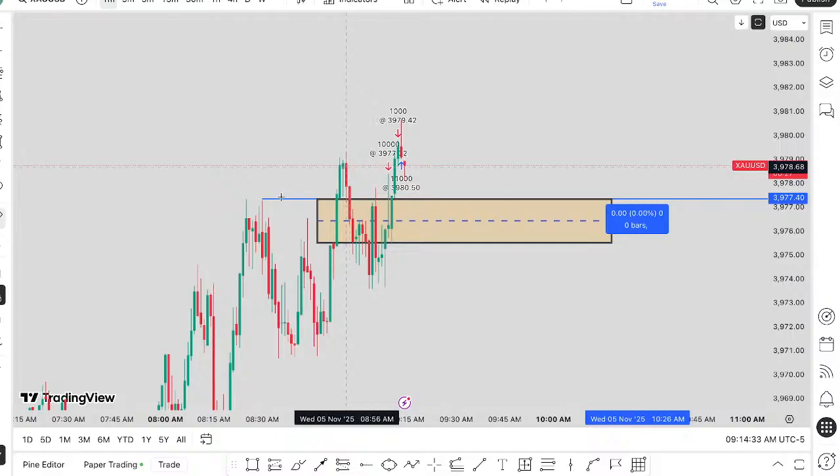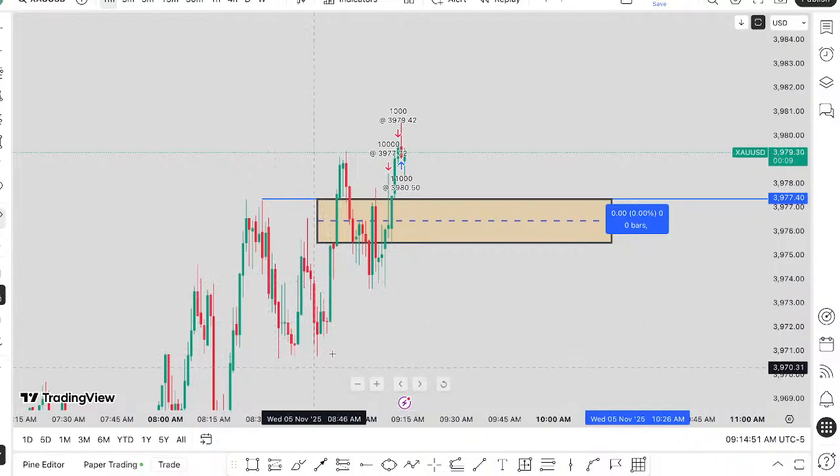So low, high, price coming back. Was looking at this as a mitigation block, rejecting here, drop. So on 9:30, you're expecting price to drop here, and maybe this fair value gap, this I was expecting.